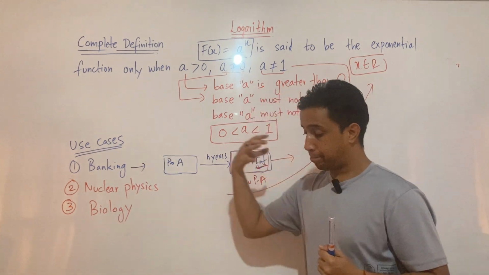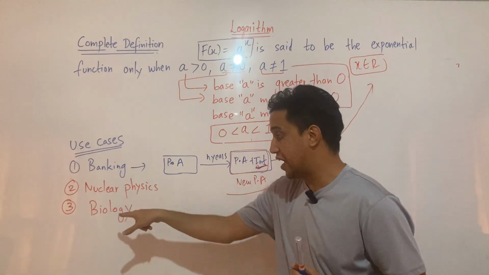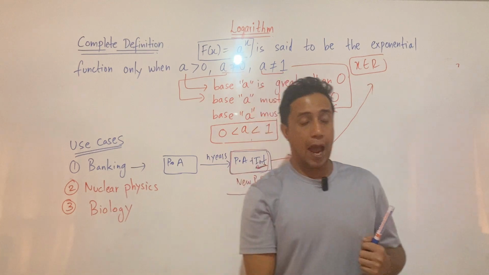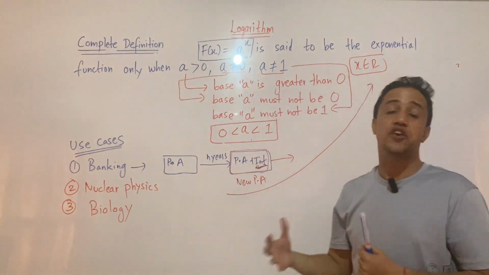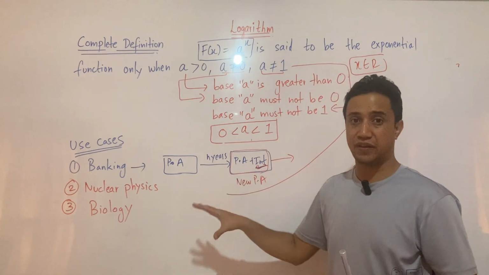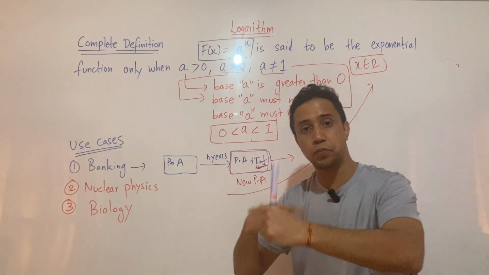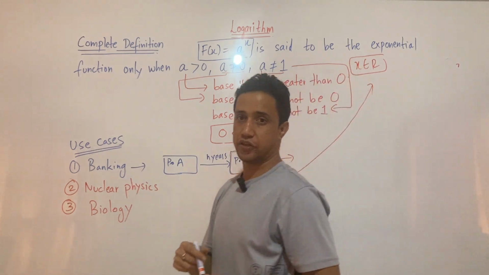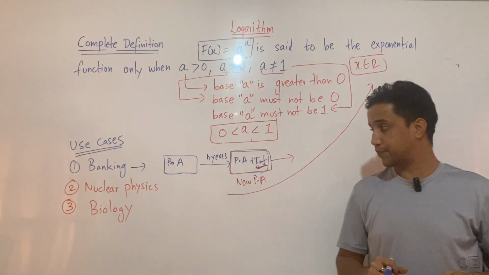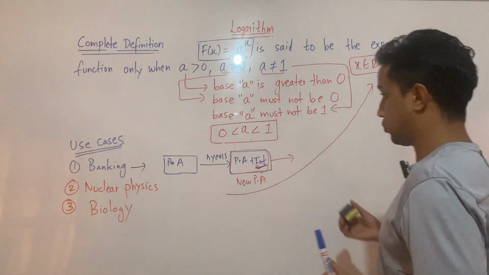Because the rate at which the cancer cell grows follows an exponential pattern. Okay, and then there is no way you can stop it. You can try to kill it for the time being, but again it will replicate, duplicate, and then grow exponentially. Okay, so these are some of the use cases. So you must know the use cases too.